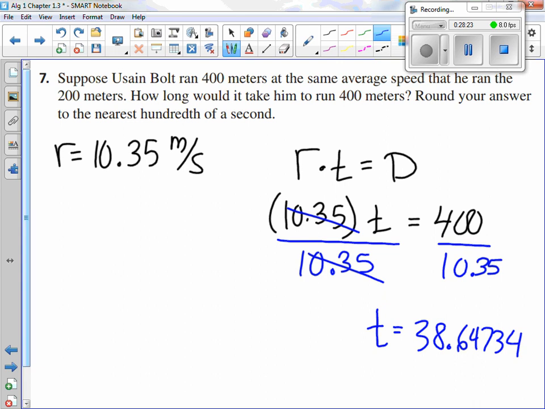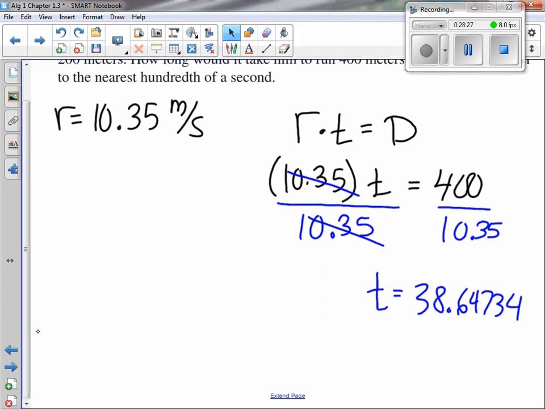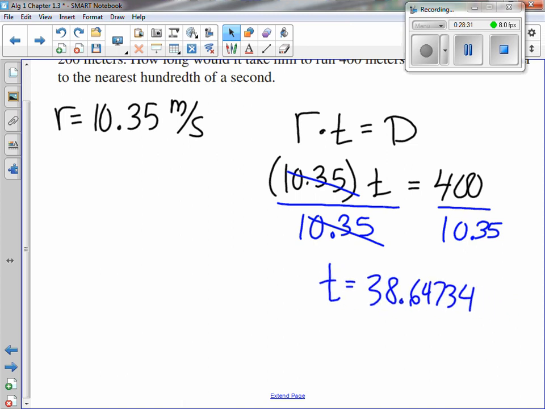So t is equal to 38.64734, and it keeps going on. Now it specifically asked us to round this to the nearest hundredth, so this 4 place. To see if we round up or down, we don't look at the 3, we look at the 7.